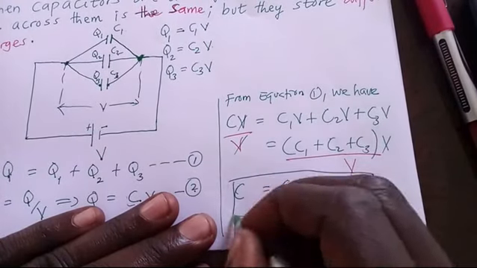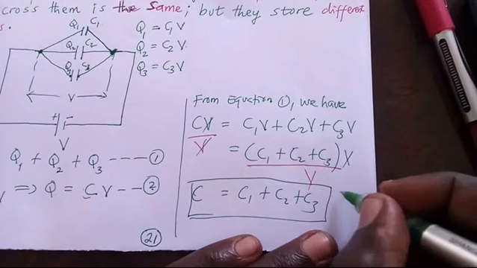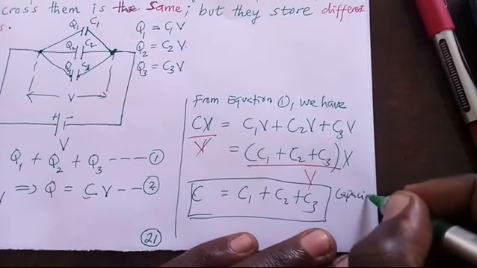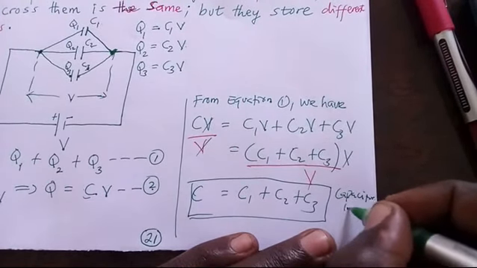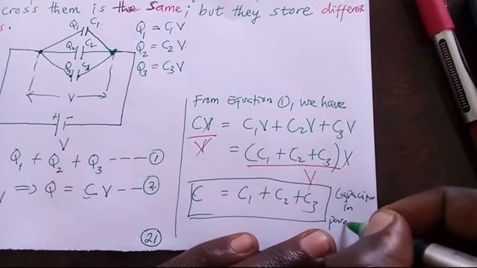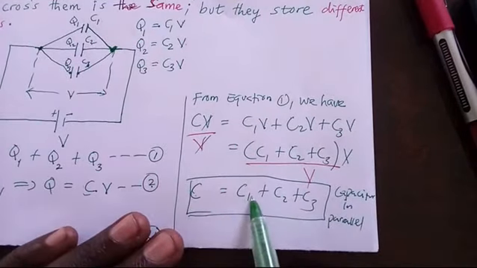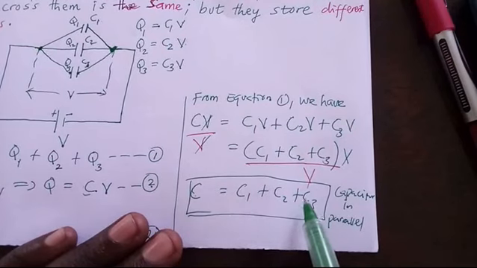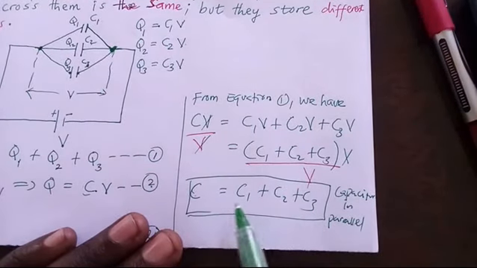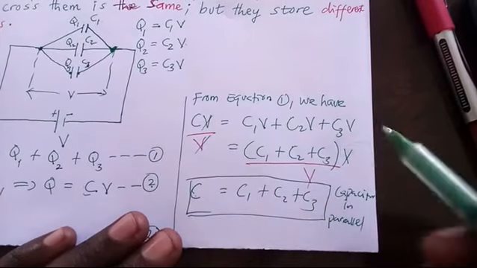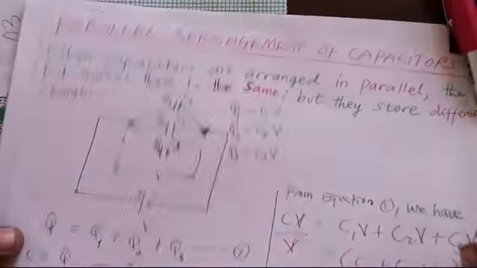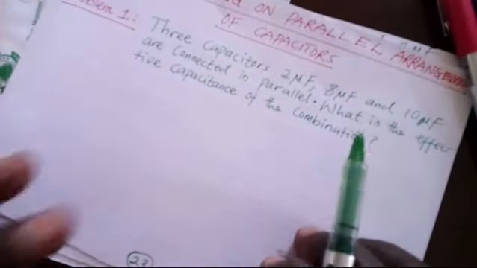Wow, this means that whenever you have capacitors in parallel arrangement, the total capacitance is the sum of the individual capacitances. You just add them together. If you have two capacitors, add them; three, four, five, add them to get the total. We are going to see a few examples on that.